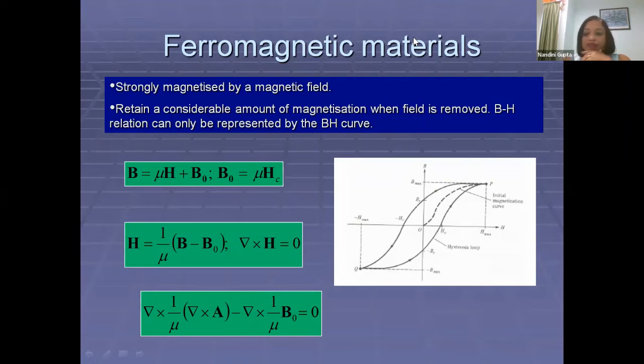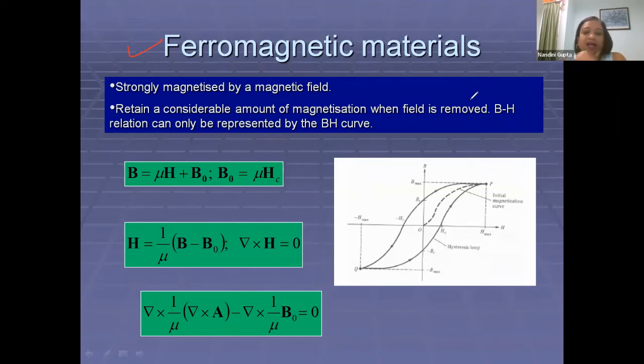Now, apart from the magnetization, we will have to take into account magnetization just as we have to take into account polarization, either through epsilon or epsilon r or with P. Apart from that, we have a special class of materials which we deal with when we talk about magnetic fields, and that is a ferromagnetic material. A ferromagnetic material is strongly magnetized by a magnetic field. That is not the problem.